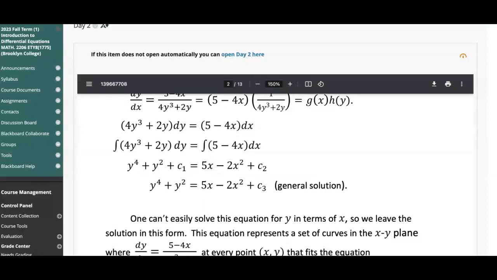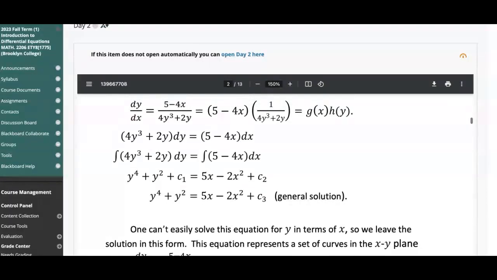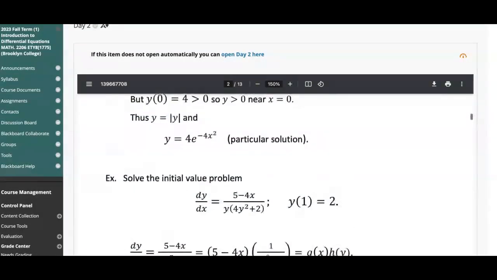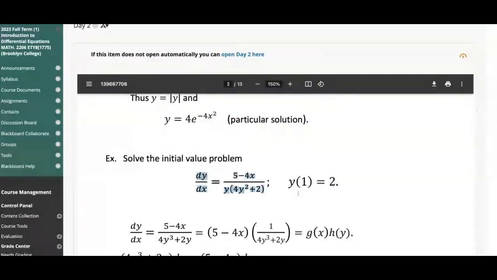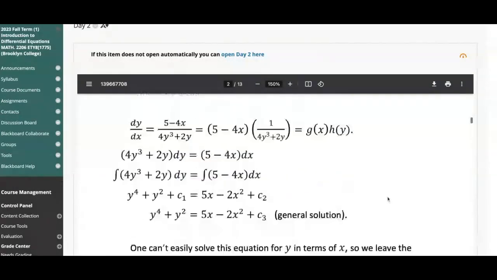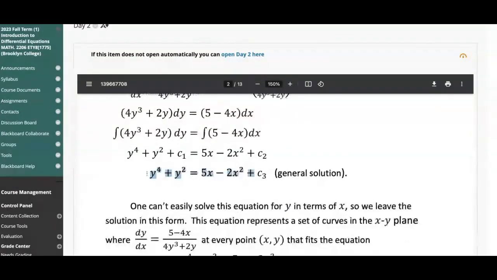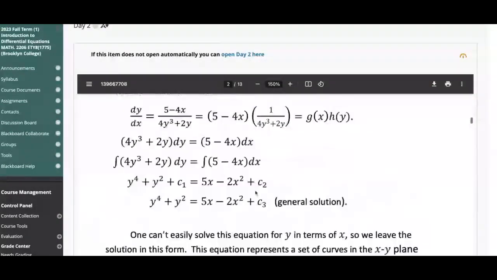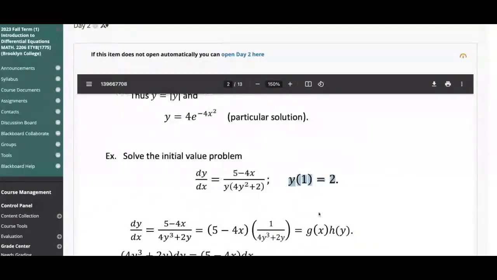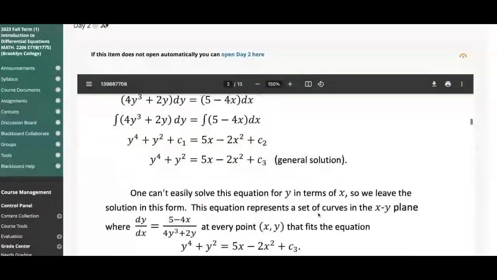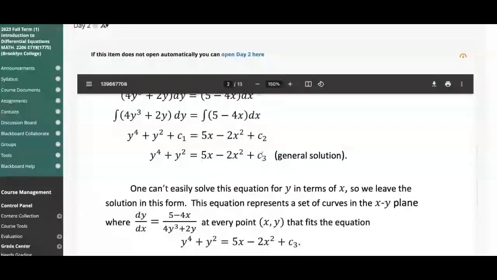Here we see the solution for this differential equation with this initial condition is this equation, and definitely this equation is not a function. It's not one function. But then we're given this initial condition, so we can substitute this in to get the constant value.